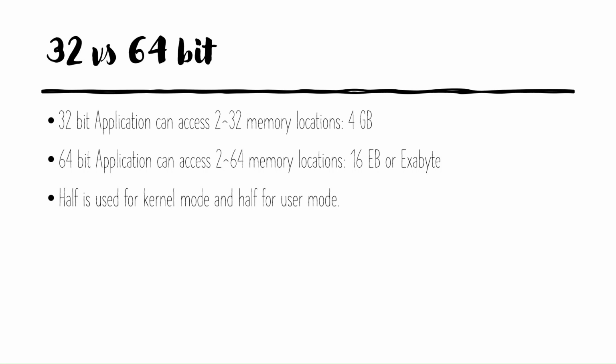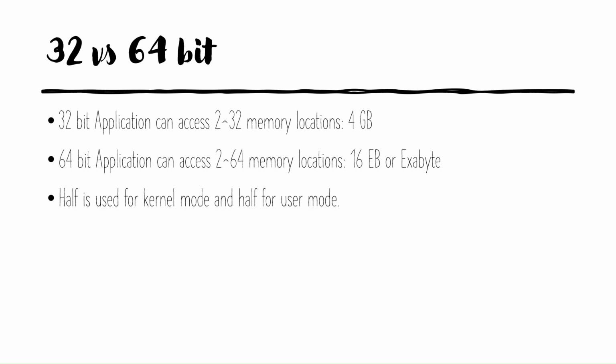What it means is every process that runs on your operating system has its own 2 GB memory, considering it's a 32-bit process, and a shared 2 GB memory, which is the kernel. So what do I mean by that?